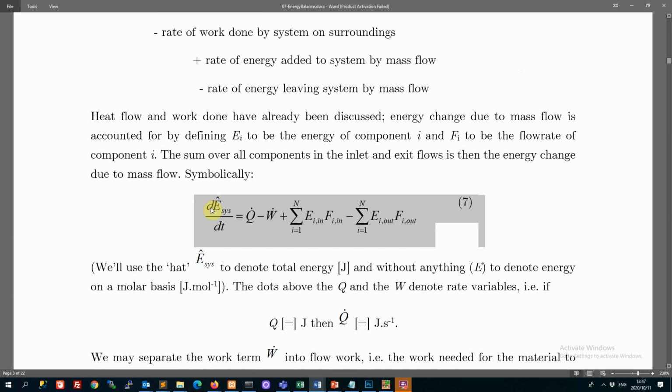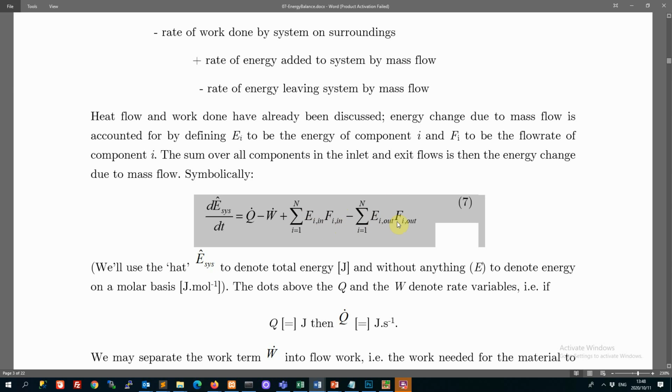Then here, rate of change of energy with time. If this is energy, then this is joules, and then this is differentiated in time. So this is joules per second. So that also agrees. Then here, this is the inherent energy. And as we'll see, this is joules per mole. And so joules per mole multiplied with moles per second, that's going to give us joules per second.